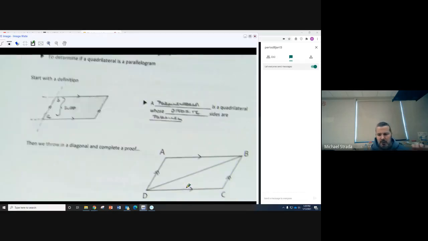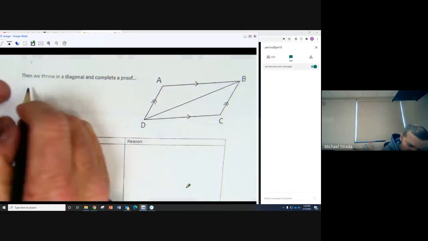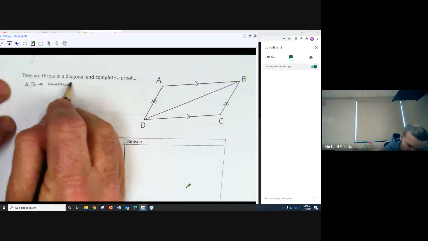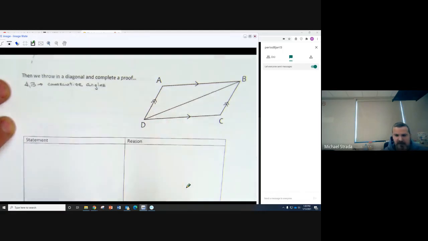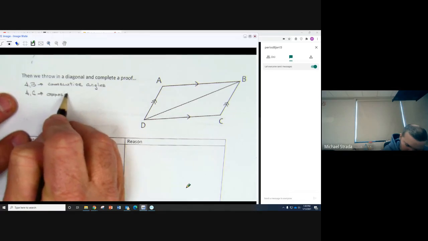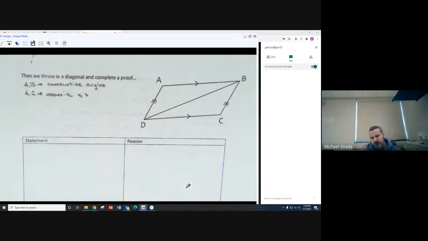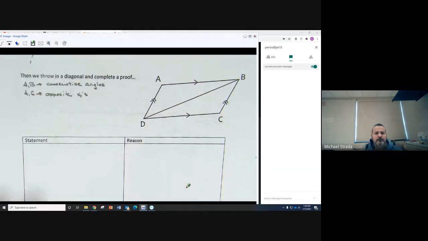So in looking at this parallelogram, A and B are what we call consecutive vertices or consecutive angles because they share a side. A and C are opposite angles. They do not share a side. Everybody good with the difference between the two? So A and B are connected. A and C are not.